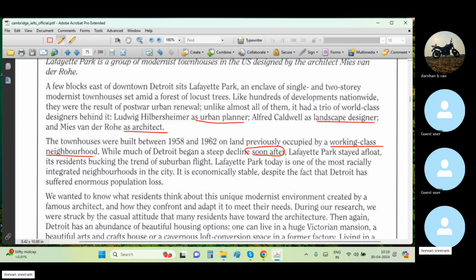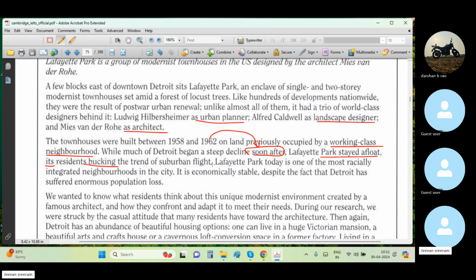Okay, soon after means after 1962, much of Detroit started to decline. It may be population wise or economy wise, something of that sort. So although much of Detroit was declining after 1962, Lafayette Park stayed afloat. Okay, Lafayette Park was not in that state. Its residents were bucking the trend of suburban flight. Bucking means opposing. Trend of suburban flight means the trend of people moving to suburban places.